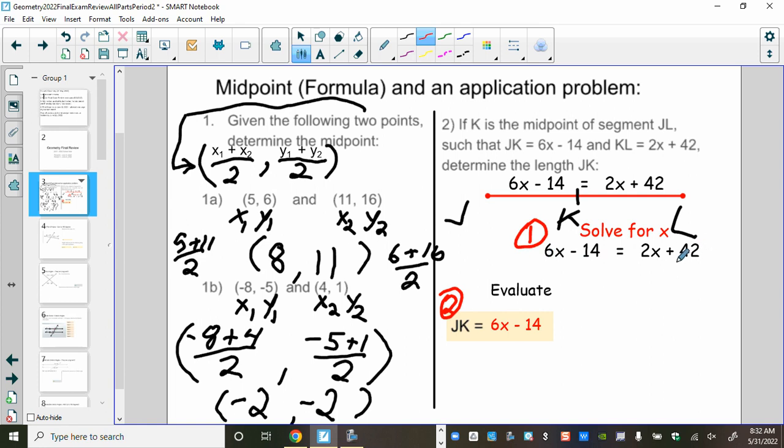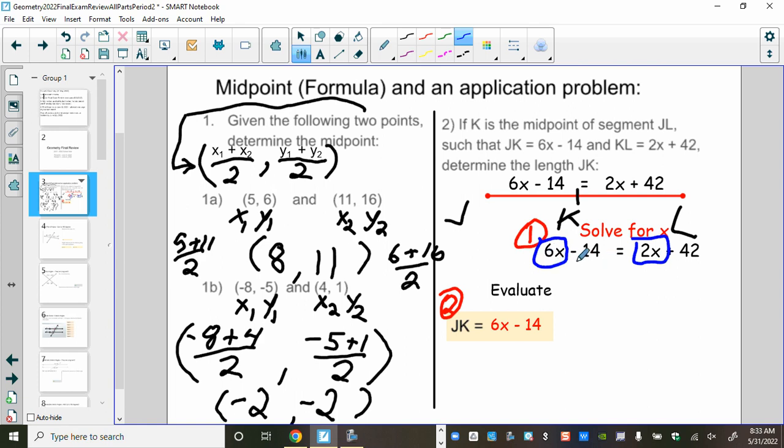Solve this problem. Your x's, opposite sides of the equal sign. We need to start moving terms. So 6x, 2x are on opposite sides. Now 6x minus 14, can't keep them.